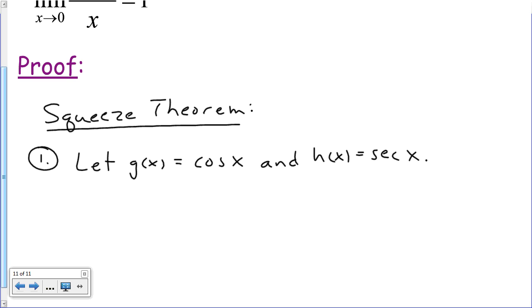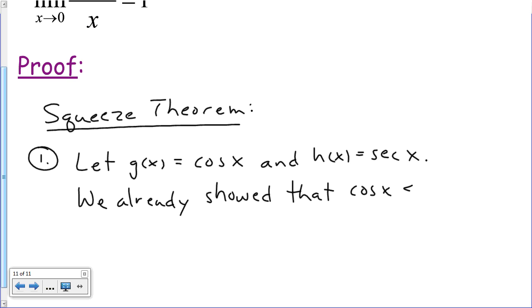And we've already shown that cosine of x is less than or equal to the secant of x for all x. The theorem said we only have to worry about values of x close to 0 in this case, but it actually works out for all x.